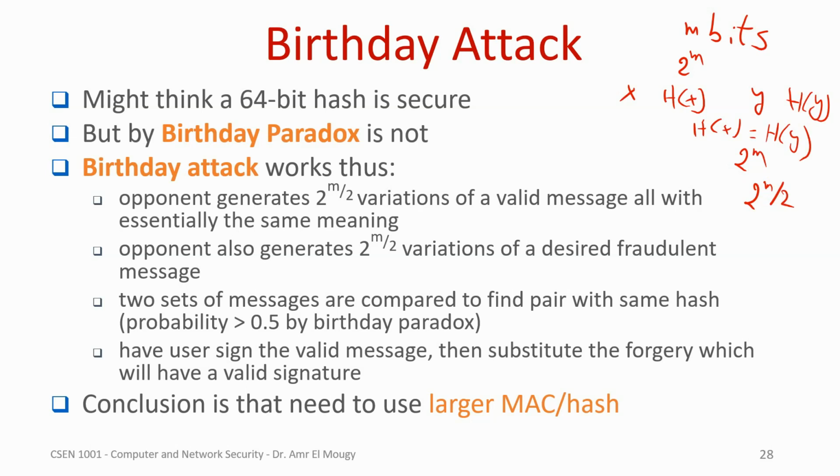If you remember, I think you probably discussed this in a previous math course. The birthday attack or the birthday paradox says that if you have a number of people, what is the minimum number such that there are two people in that group that have the same birthday? And the answer is surprisingly small. I think it's 23 people. Okay.